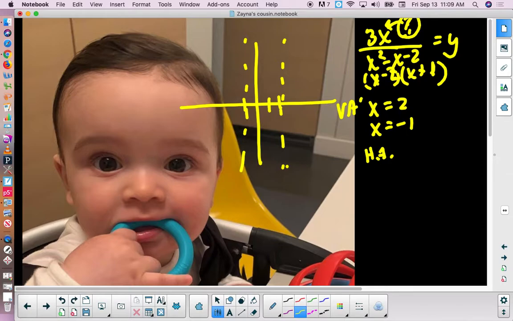My horizontal asymptote, are y'all okay with y equals 0? Raise your hand if you can tell me why my horizontal asymptote is y equals 0. Rebecca? Because x squared is like bottom heavy. Yes. So x squared is acting as a 1, and then there's no x squared at the top, so it's like 0 x squared, and 0 over 1 is 0. Well, I think I would explain it a little bit differently. If I circle the highest powers of x, which you took us to, Rebecca, you have 3x over x squared.